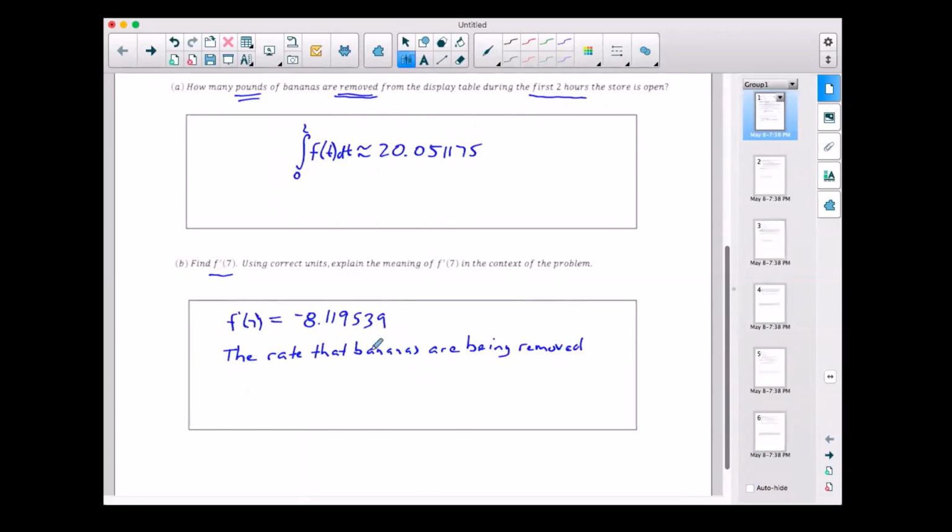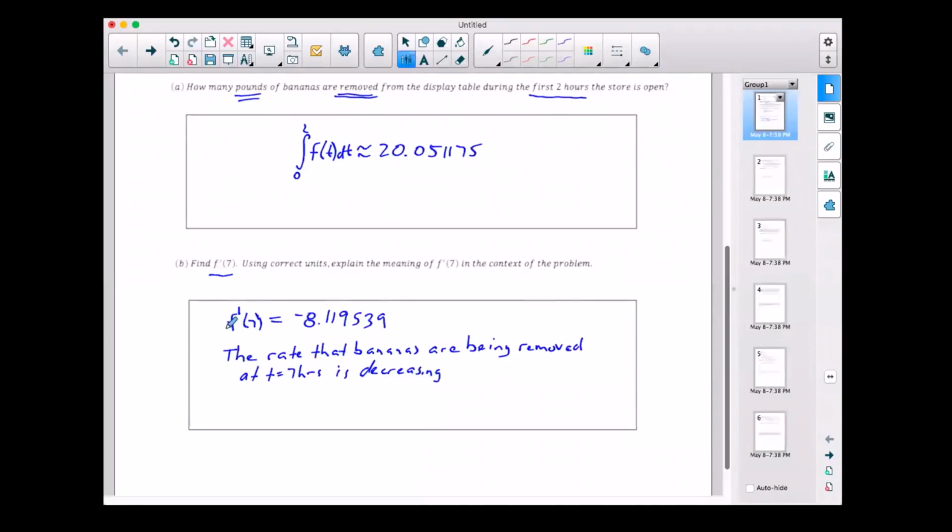So this is all representing F, and we just figured out that F's derivative is negative, which means the rate that they're being removed at t equals 7 hours is decreasing. Whenever something has a negative derivative, we know that that function is decreasing.